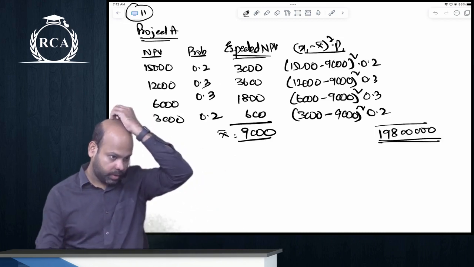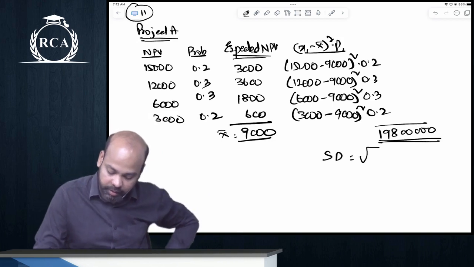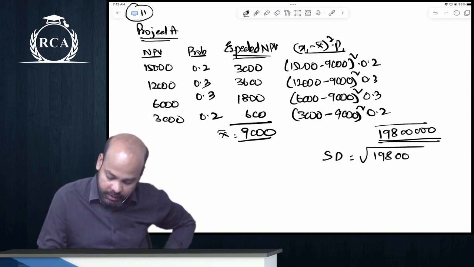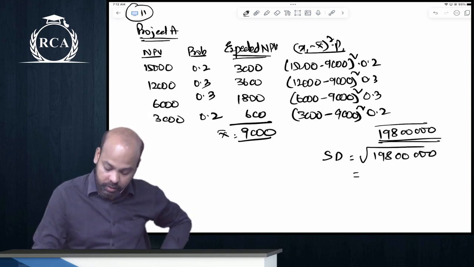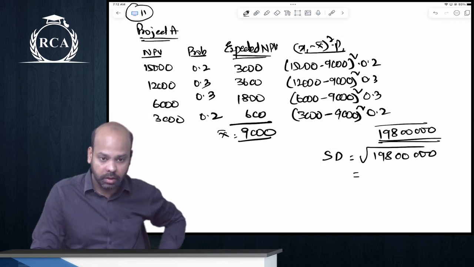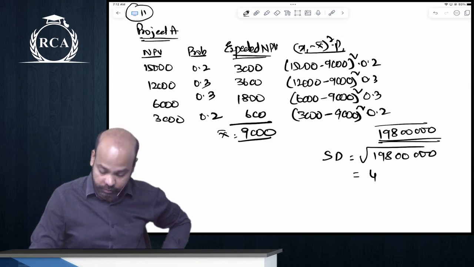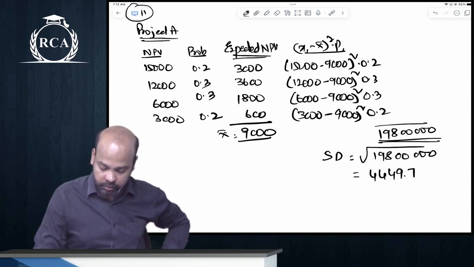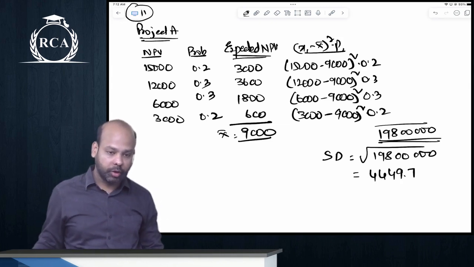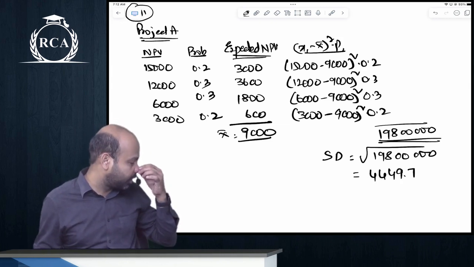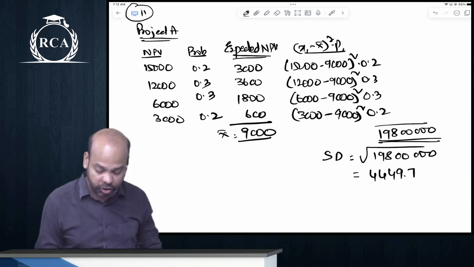Correct? So guys, your standard deviation beta will be root over this. How much is that? 4,450 approximately, guys. 4,449.7 is the standard deviation of project A, guys.